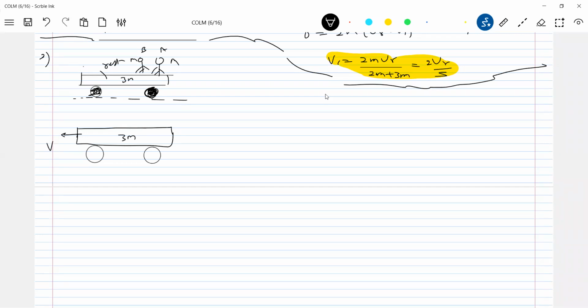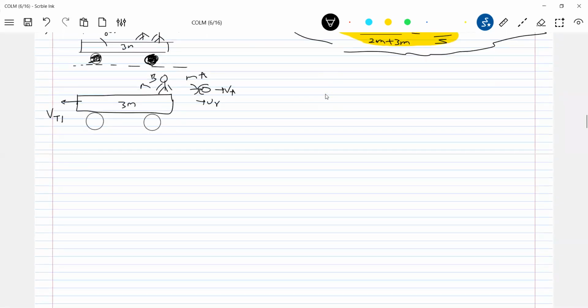So here VA, VB are the velocity of the persons. Let me write some symbol, VT1 I'll write it. So one person is here, the other person will jump. Person A, person B will be there only. So velocity UR, let this be VA.